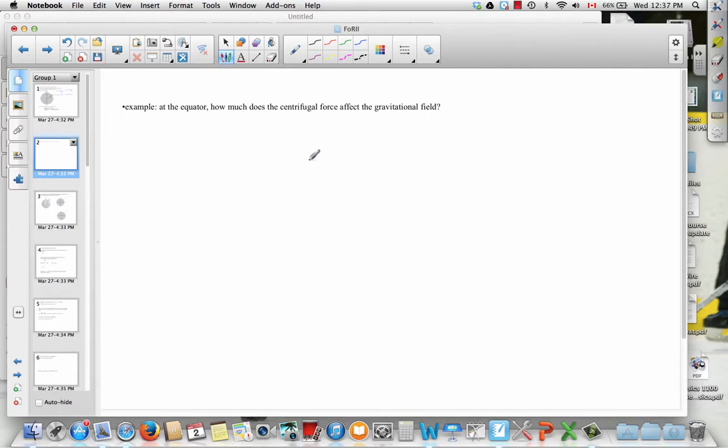Now, we've seen that centrifugal force has a fairly small effect. So if we're at the equator, then let's look at the Earth from the North Pole, and we know that at a point close to the Earth's surface, the gravitational field G is just 9.81. The centrifugal effect will be directly away. That'll be omega squared r if we're at the equator.